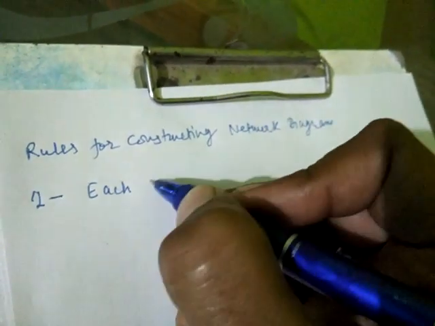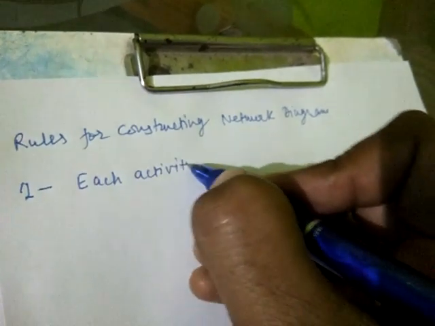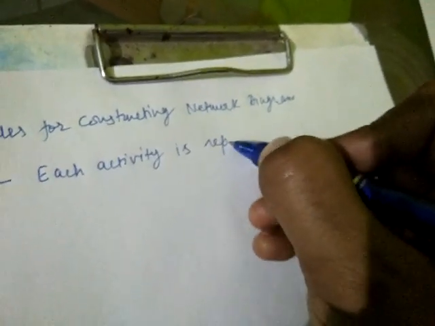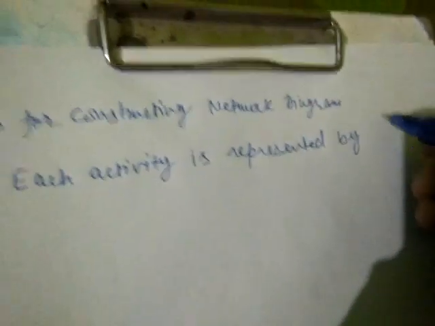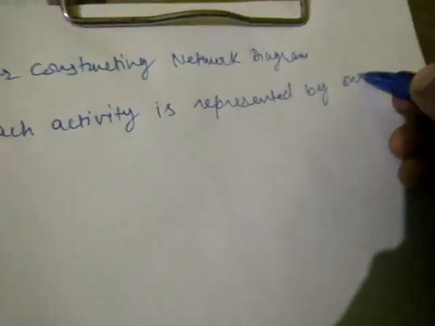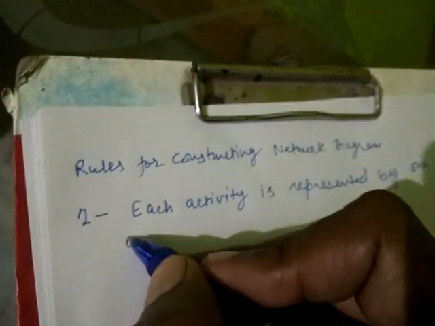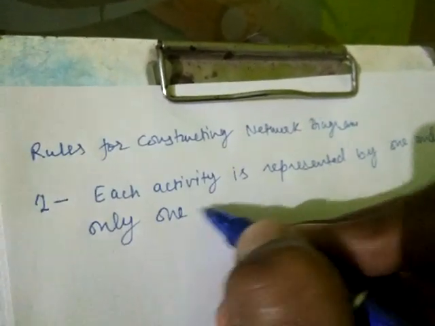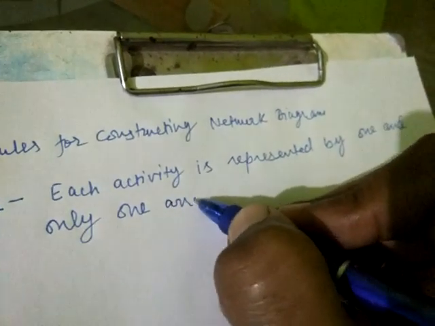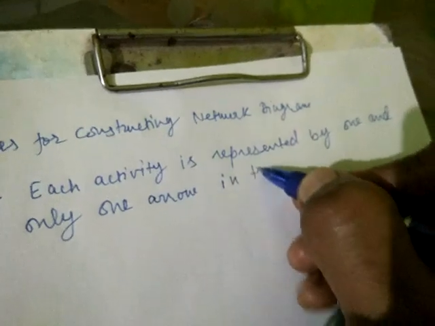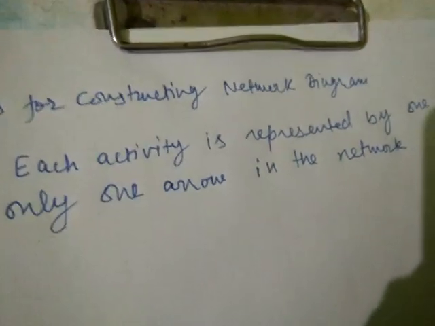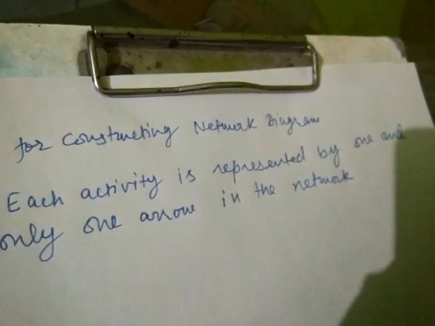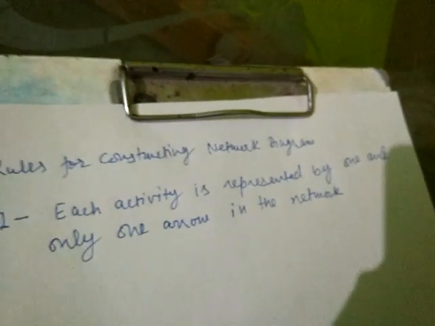This means that there should be one arrow to represent one activity. One activity cannot be represented by more than one arrow. So it is very simple.